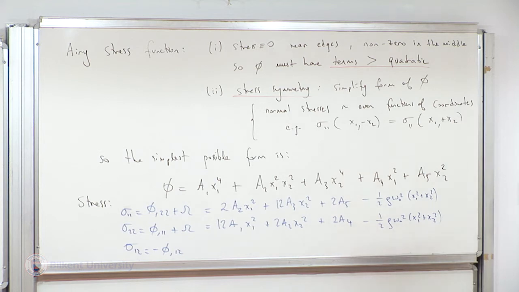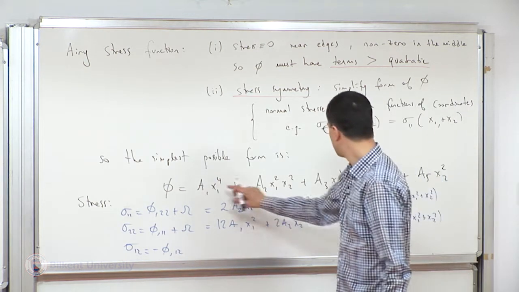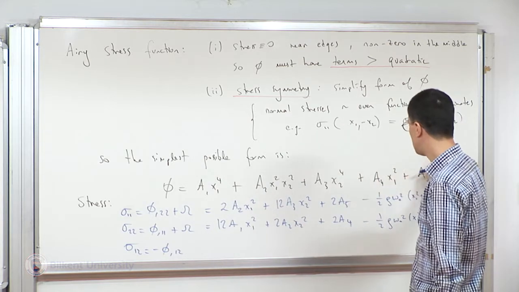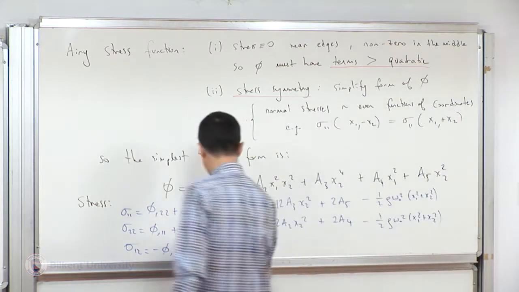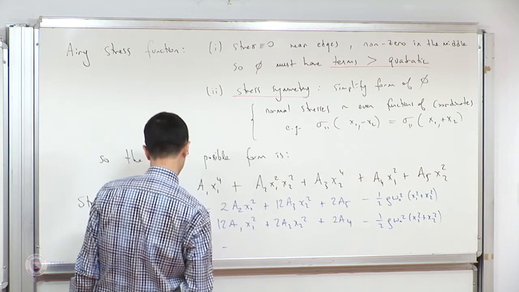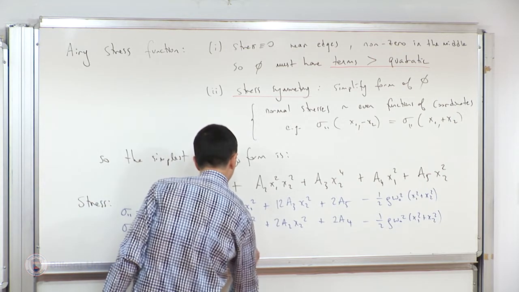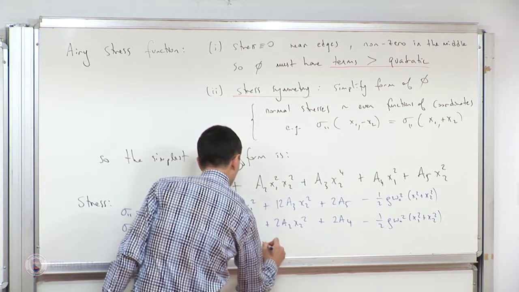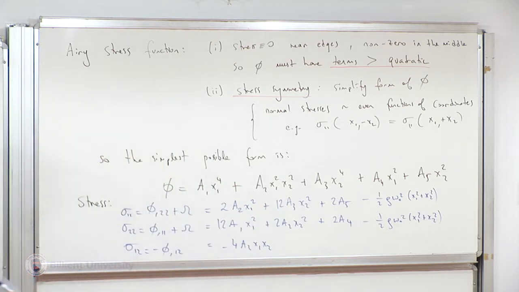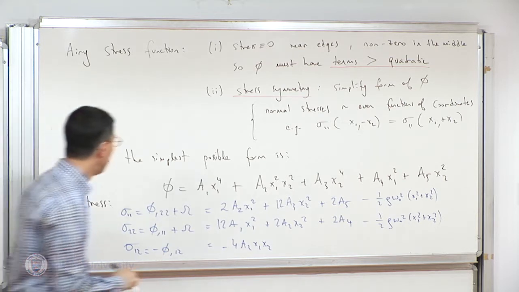And finally, minus phi comma 12. This term dies, that term dies, these two die, so I only have that term, right? So it's minus 4a2 x1 x2.